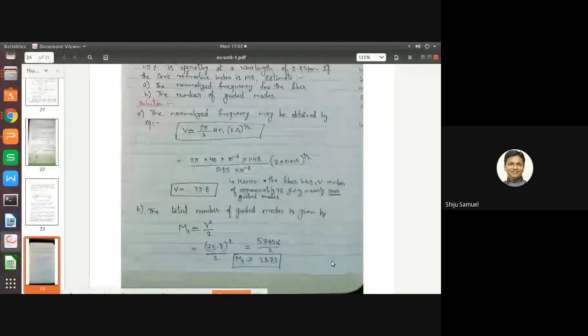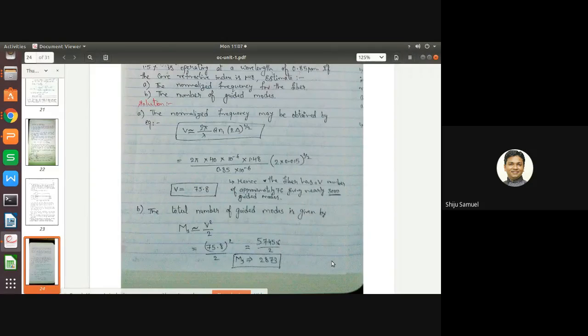So V, the normalized frequency, is calculated. The fiber has a V number of approximately 76, 75.8 we can consider as 76. So nearly 3000 guided modes are there.